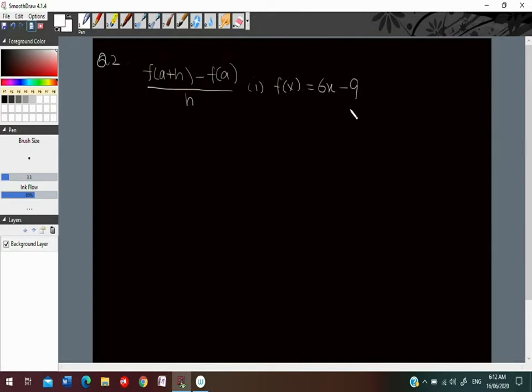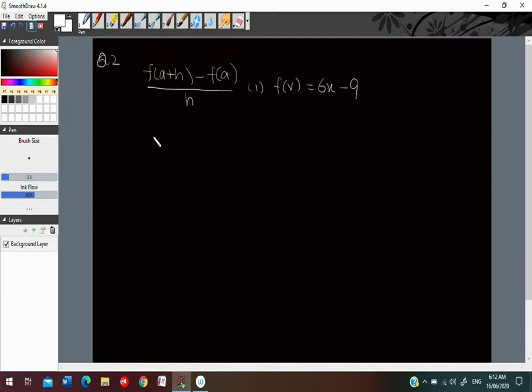So we have to solve this formula, right? And the given function is f of x equals 6x minus 9. So first we find the values of f of a plus h minus f of a by using this function.